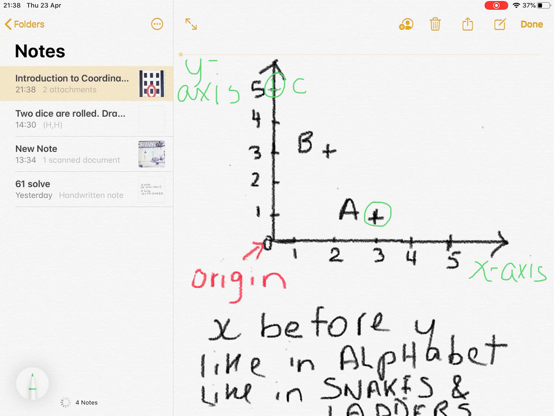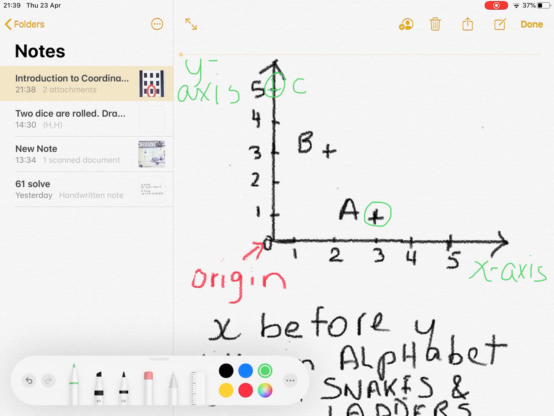So the first coordinate, the x-coordinate, is 0 because we did not move horizontally. We only climbed upwards 5 units, so the vertical position is 5, or the y-coordinate is 5.